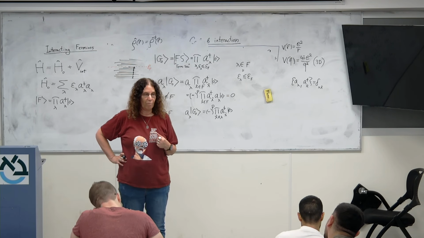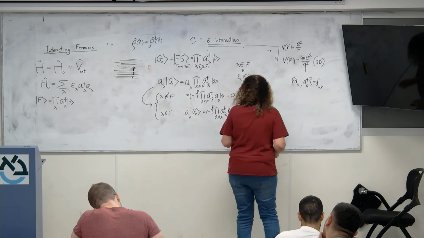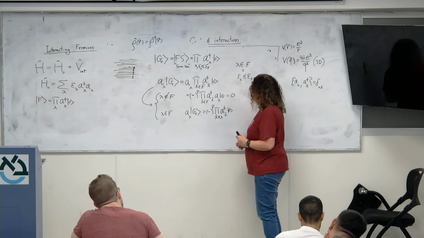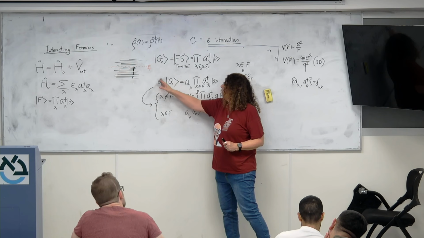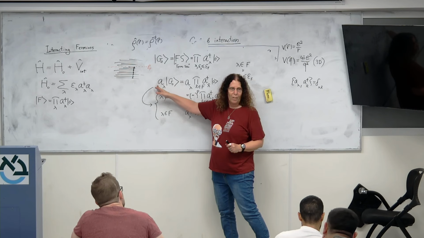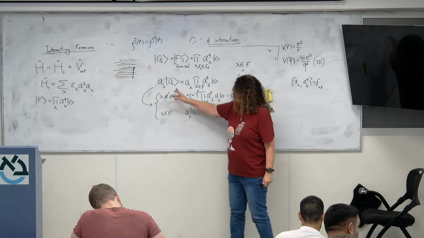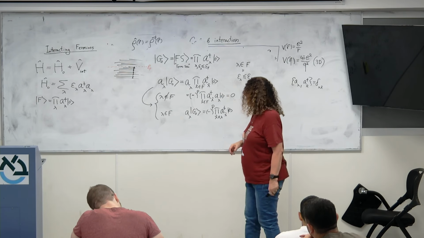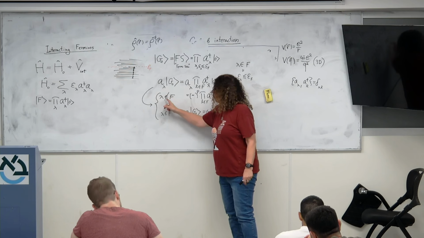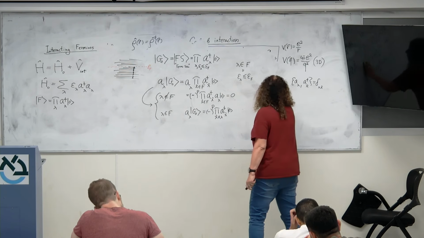So the original annihilation operator is not serving as an annihilation operator for this G naught, only in special cases where lambda does not belong to F.